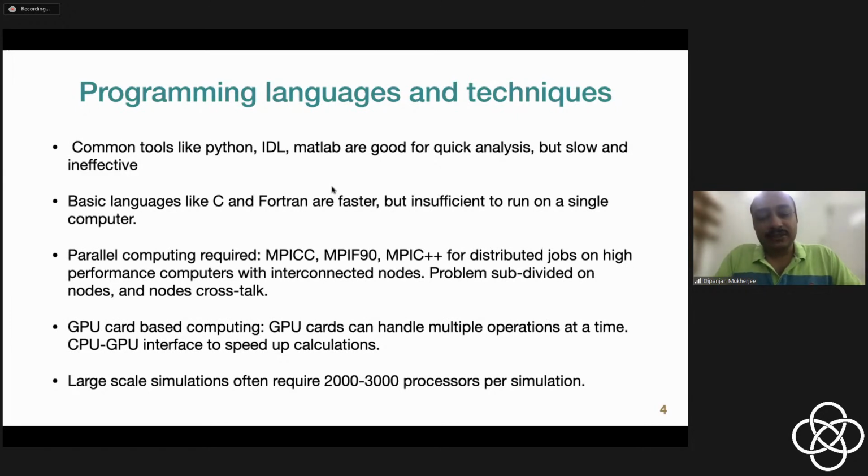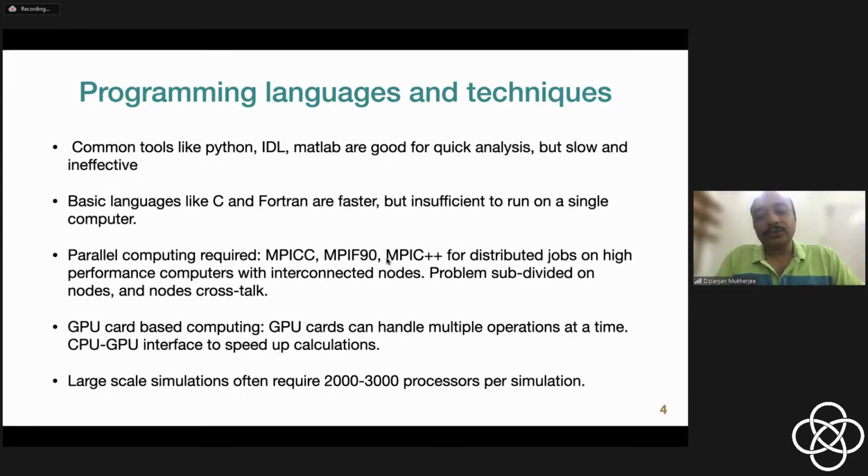And just to give you a rough example, the large-scale simulations that I perform often are required to be run on 2,000 to 3,000 processors per simulation. I run them for 24 hours, I check the data, and I keep on running them. Each of my models takes about a week to run. So actual cutting-edge research is extremely dependent on availability of computing resources.